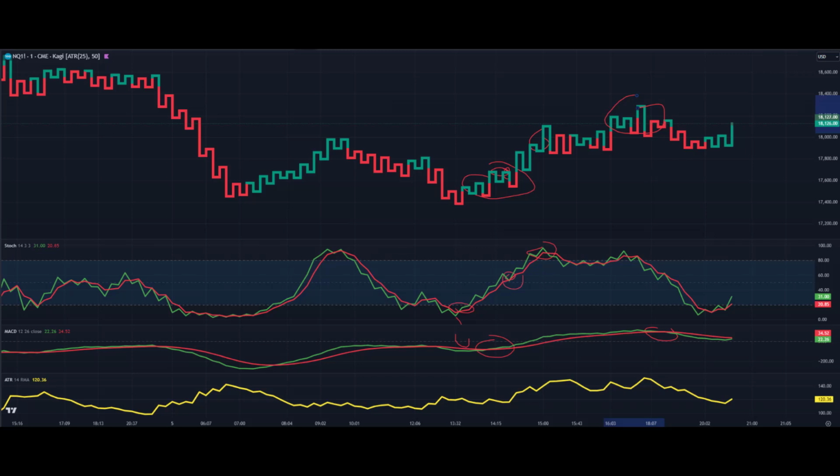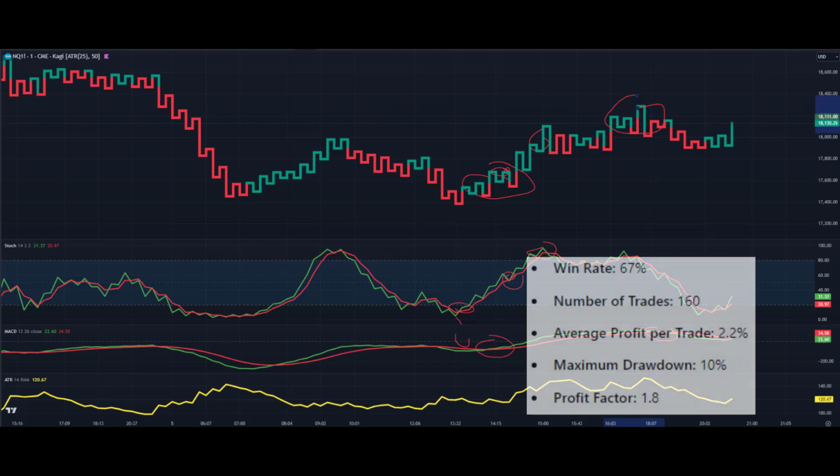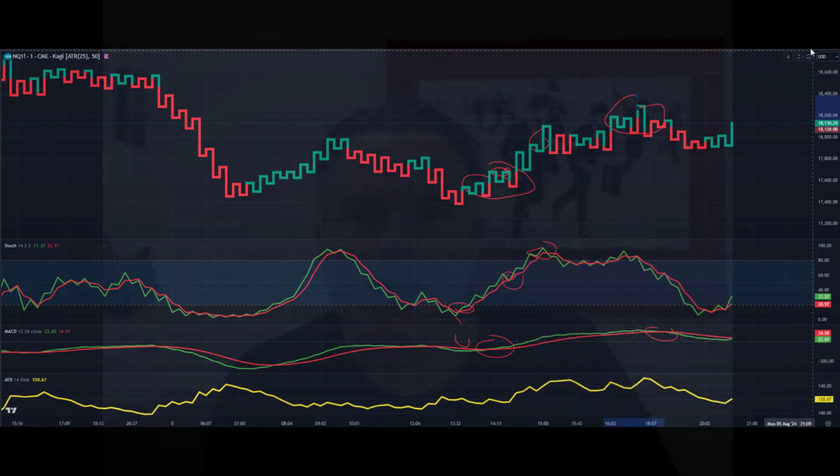So that's that setup. In terms of stop loss, again ATR 1.5 to 2 times, and backtest results: 5-year backtest, 67% win rate, 160 trades, 2.2% average profit per trade, max drawdown 10%, profit factor 1.8.